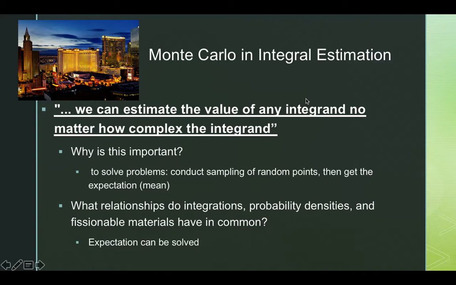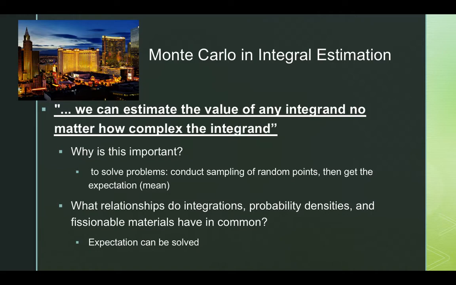Now in Monte Carlo, an important consideration is that we can estimate the value of really any integrand, no matter how complex that integrand is. We can look at functions that, at first glance beside a dx within an integrand, we would say are nearly impossible to solve.